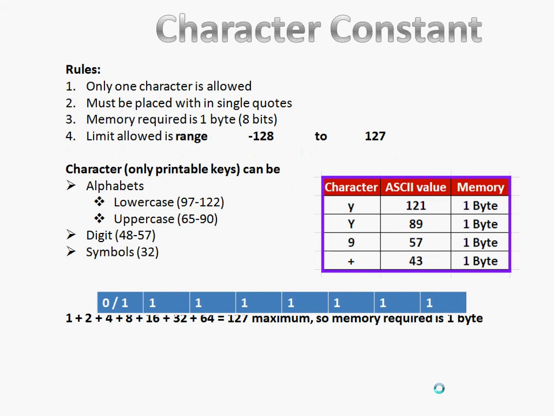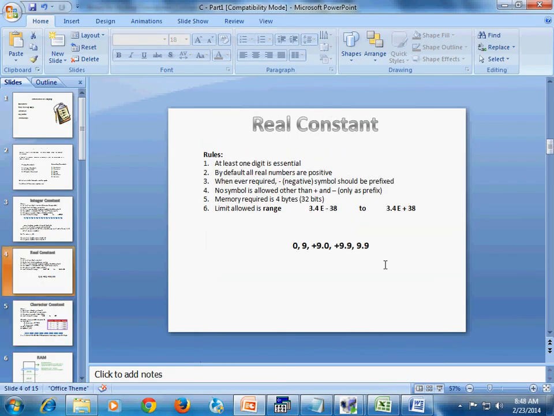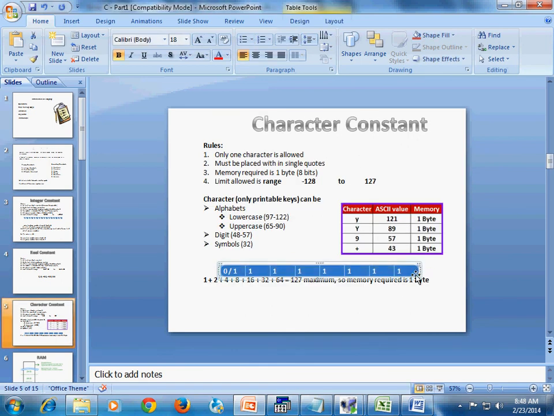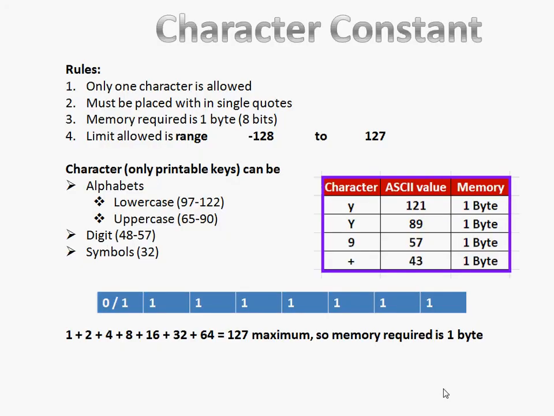And next, the third type of constant in the primary constant is the character constant. As we have already discussed, there may be a requirement also to work on the characters. So below are the rules.